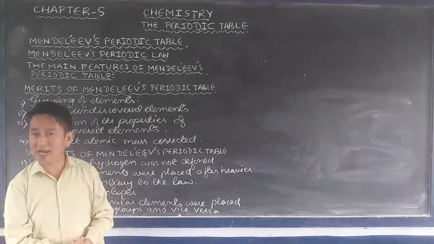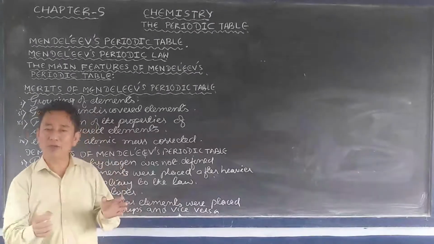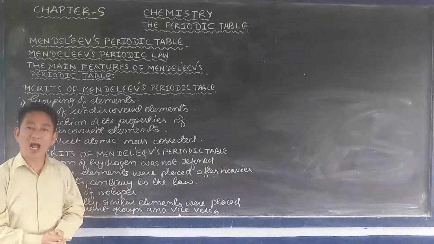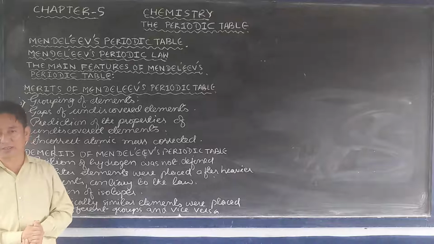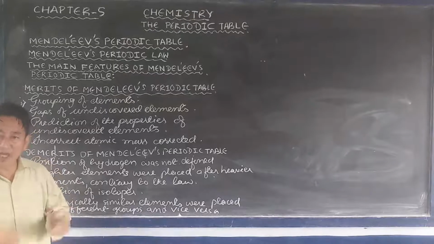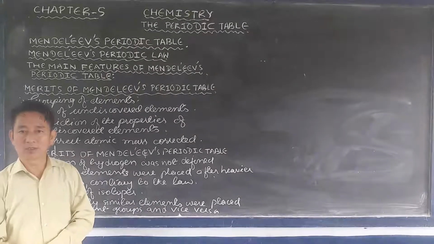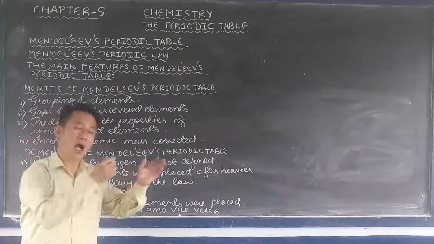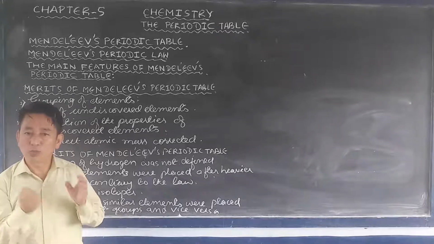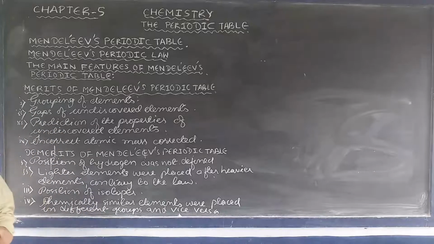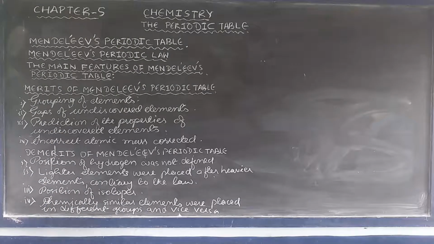His law stated that the physical and chemical properties of the elements are a periodic function of their atomic weights. Now he placed potassium after argon, which was contrary to his own law.